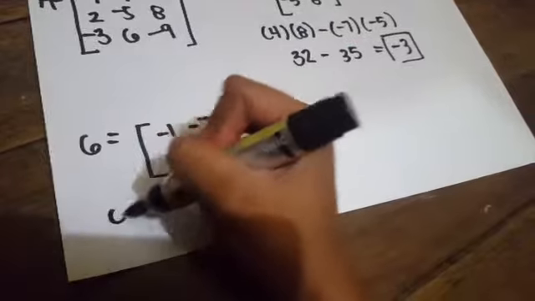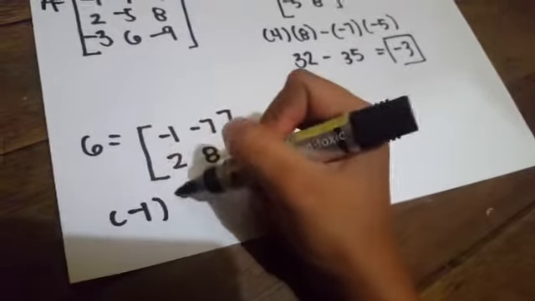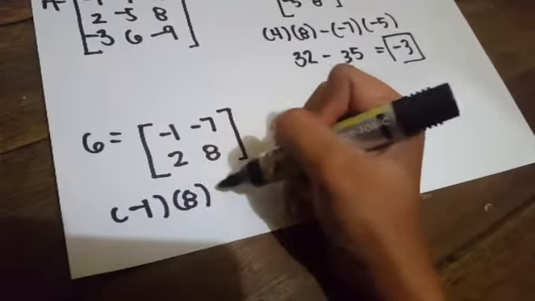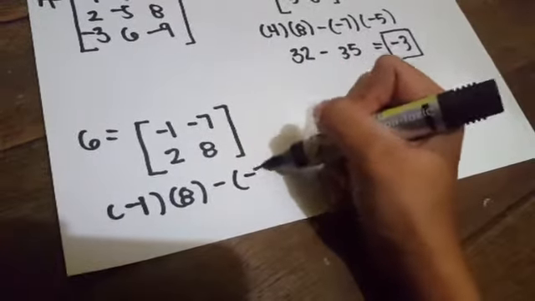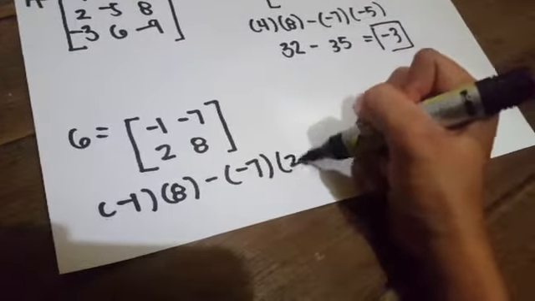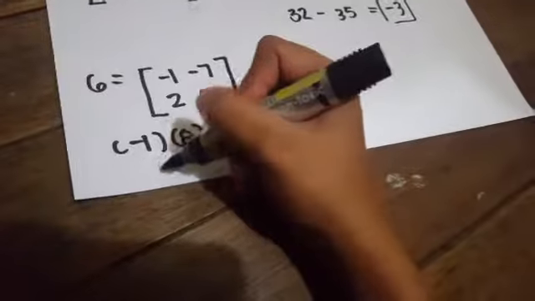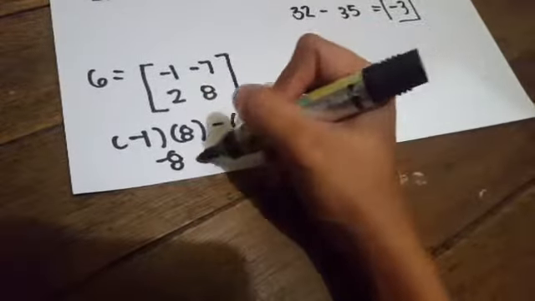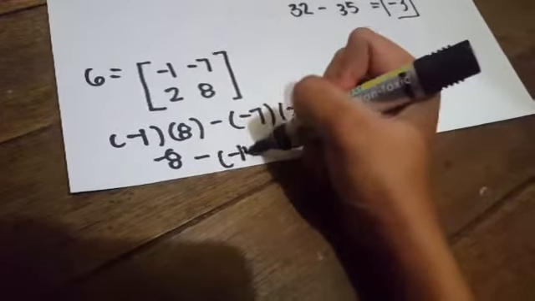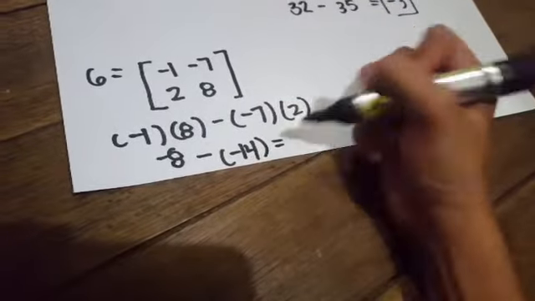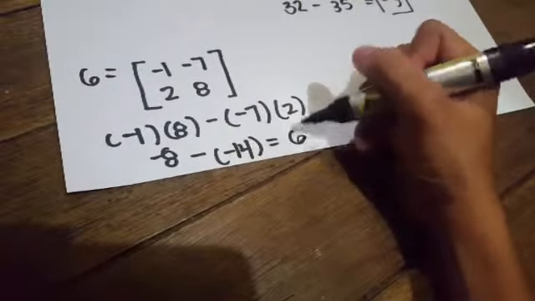Cross multiply: negative 1 times 8 minus negative 7 times 2. Negative 8 minus negative 14 equals positive 6.